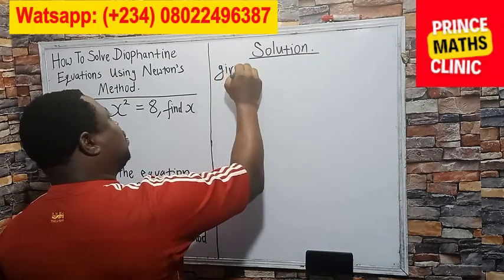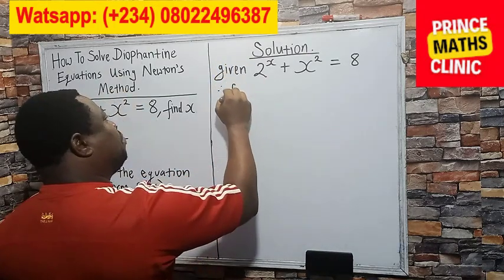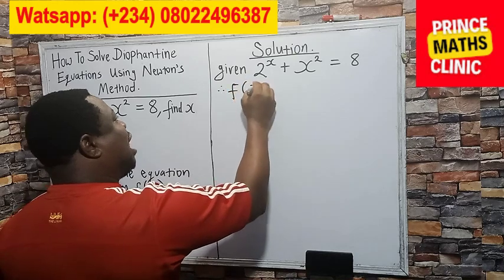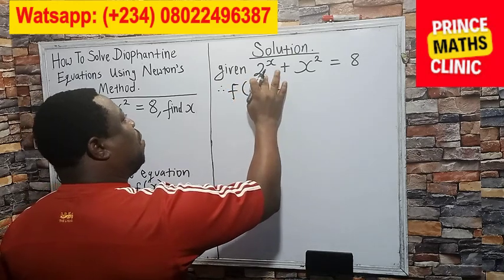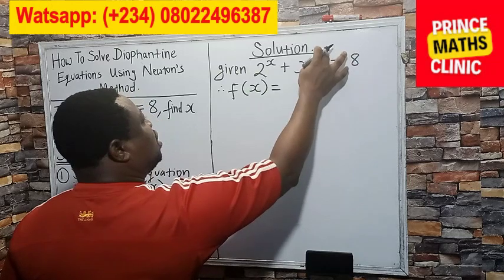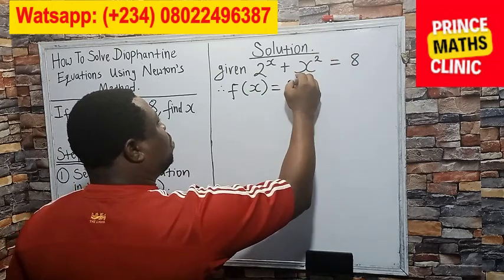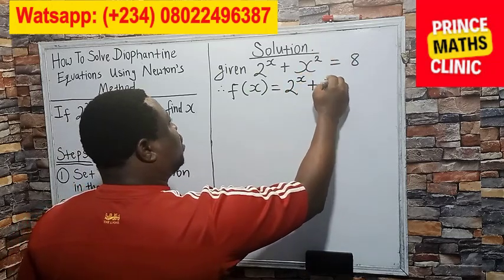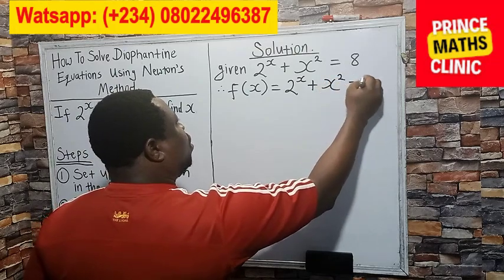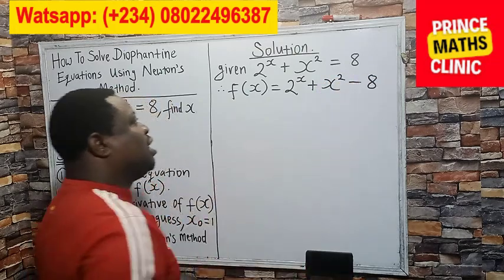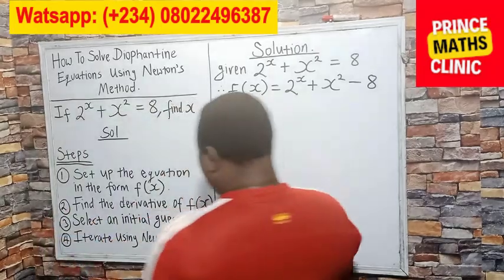This is what we were given. Therefore, putting it in the form of f of x, I can say that f of x will become everything I have here, just moving this here. So this will become 2 to the power of x plus x to the power of 2 minus 8. So I've achieved this first step.